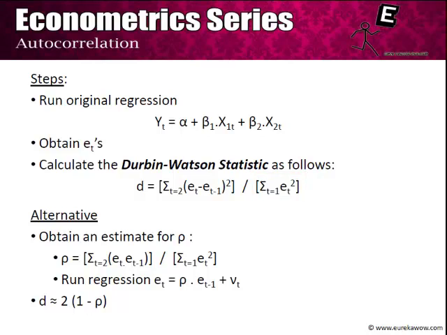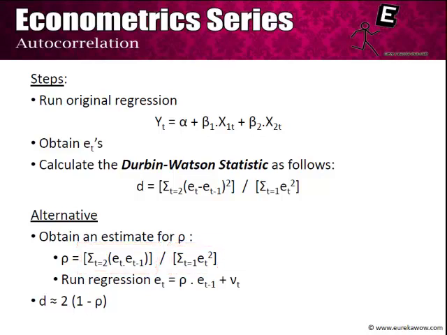An alternative way to find the D statistic is to first obtain an estimate for rho, that is the linear dependence of sigma t on sigma t minus 1. One way of finding rho is to multiply et by et minus 1 for t equal to 2 to t equal to n, summing this up, and then dividing it by et squares summed from t equal to 1 to t equal to n.